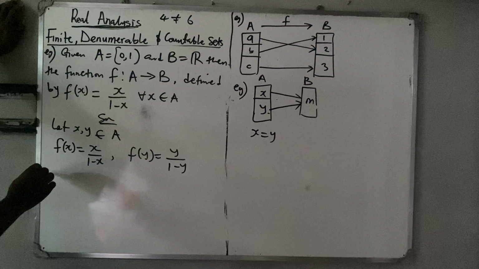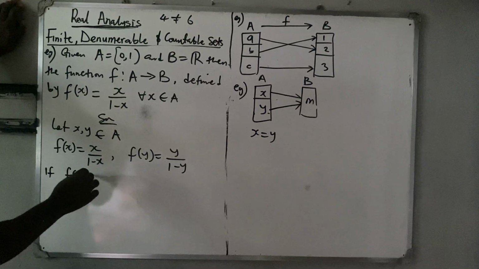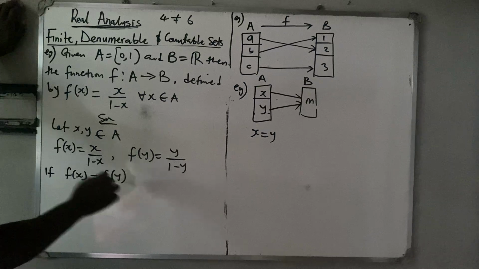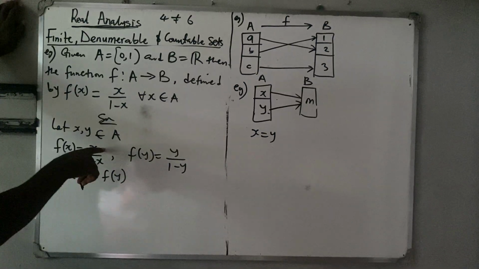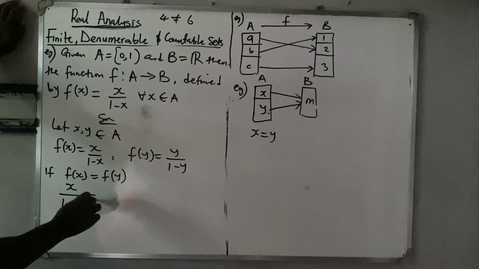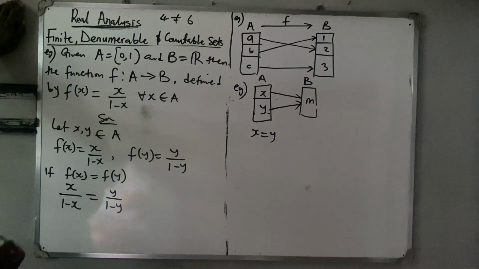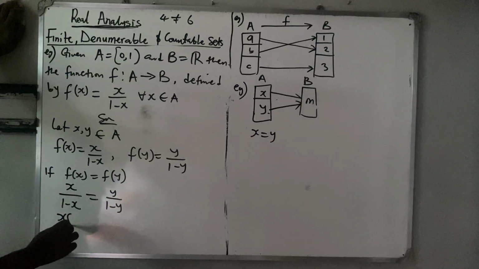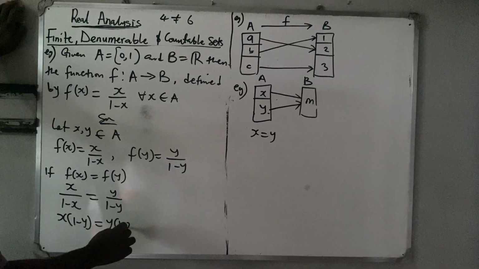Now, if we assume that f of x is equal to f of y, then we wish to show that x is equal to y. So x over 1 minus x is equal to y over 1 minus y. If we cross multiply, we have x in bracket of 1 minus y is equal to y in bracket of 1 minus x.